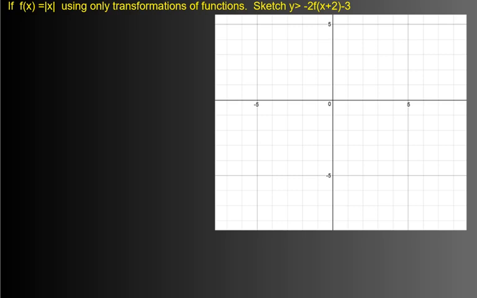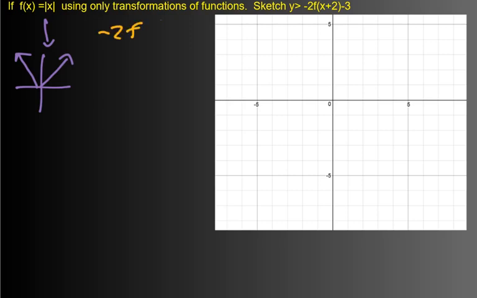So maybe off to the side, I will remind everybody, absolute value looks like that v. And maybe I'll do negative 2 f of x first in, well, that's confusing because I already wrote it in purple.